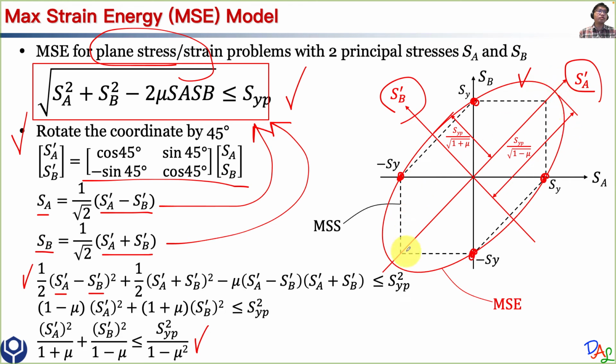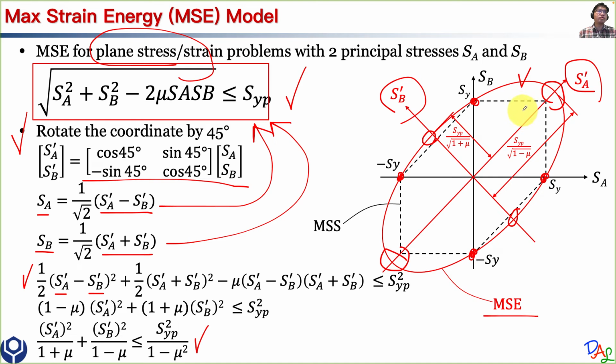However, we have a greater space right here and also a little space right here. So as you can see, the maximum strain energy model is a little bit wider, bigger, larger than the maximum stress model, which means this model allows us to take greater stress.